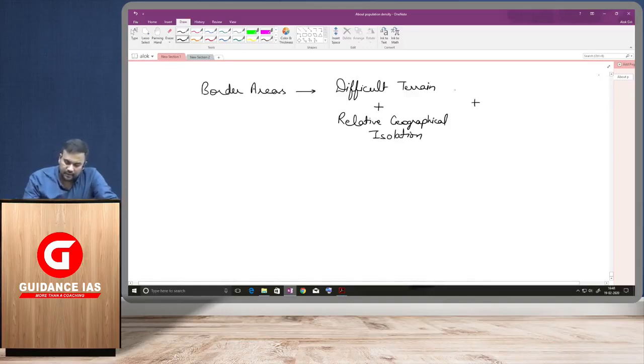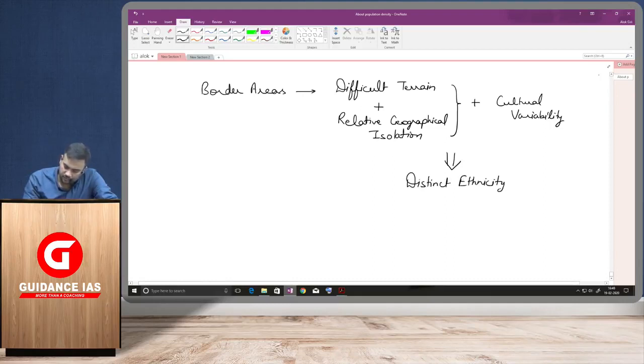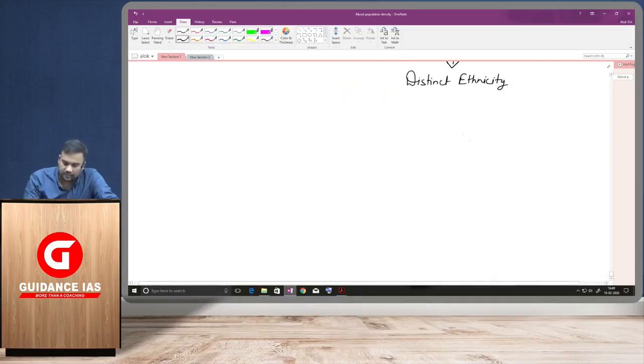You combine these with cultural variability. You combine this with cultural variability and it gives rise to distinct ethnicity. Distinct ethnicity.